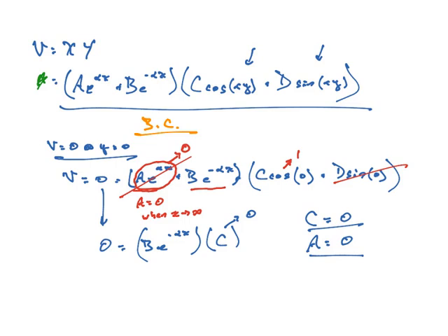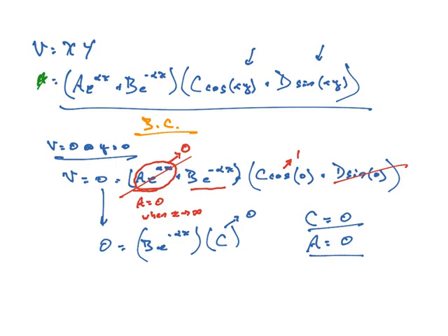Then, at that point, now you start using the boundary and initial conditions from your specific problem to start whittling away at these coefficients, the A, the B, the C, the D, whatever. You use your boundary conditions.